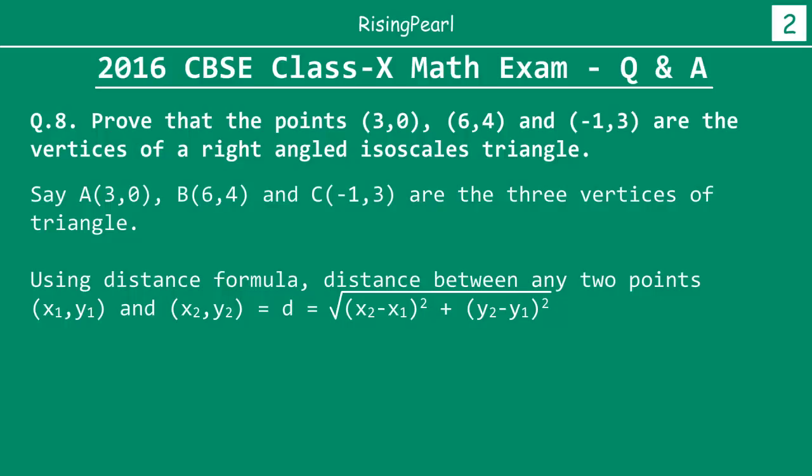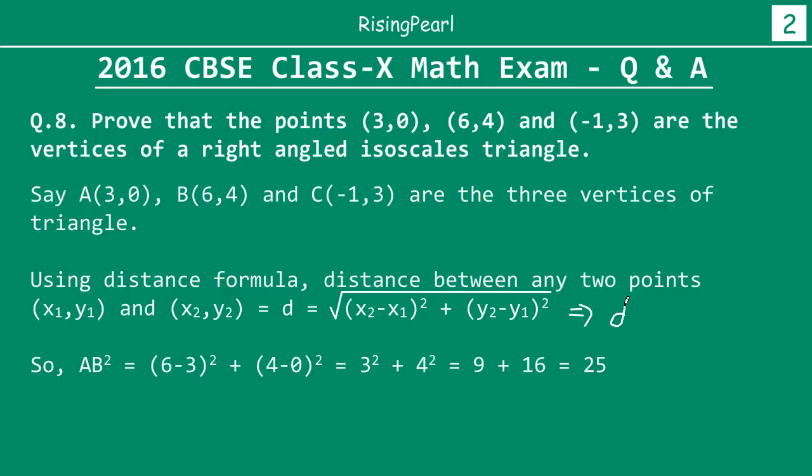We have learned about the distance formula earlier. Now we know the coordinates, so we can find AB squared. If d equals this, then d squared is (x2 minus x1) squared plus (y2 minus y1) squared.